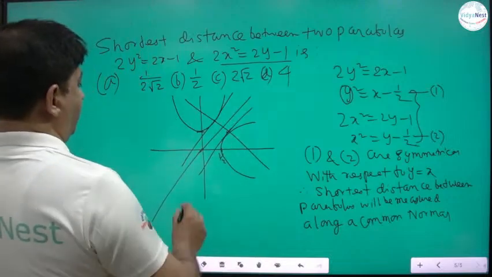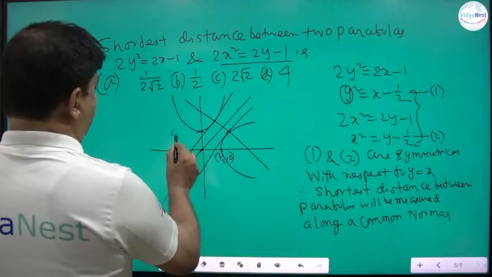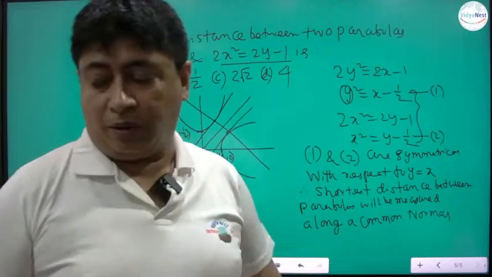Okay, this is half comma 0, that is 0 comma half, along the common normal.